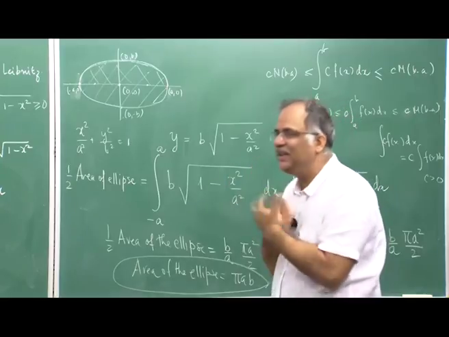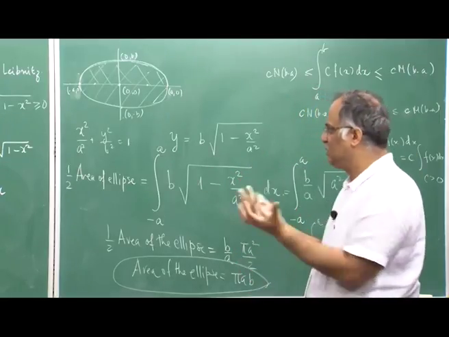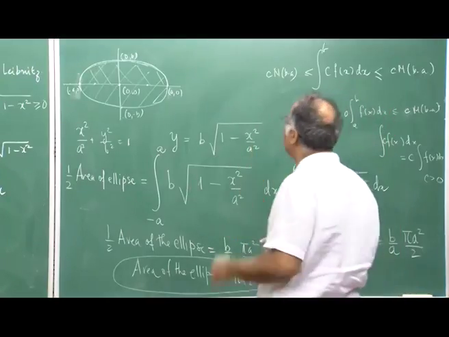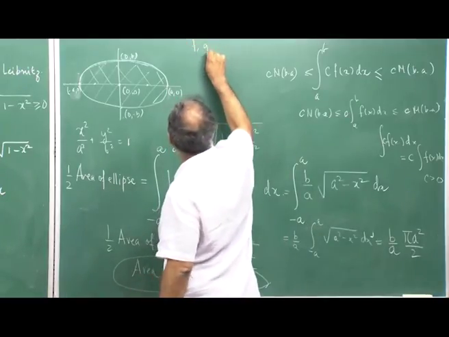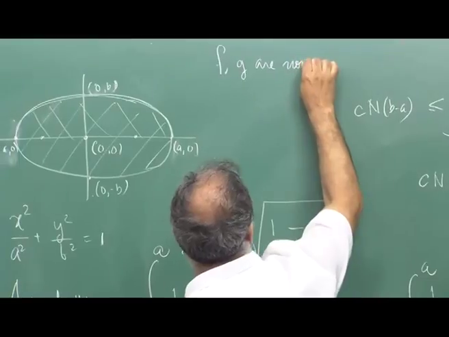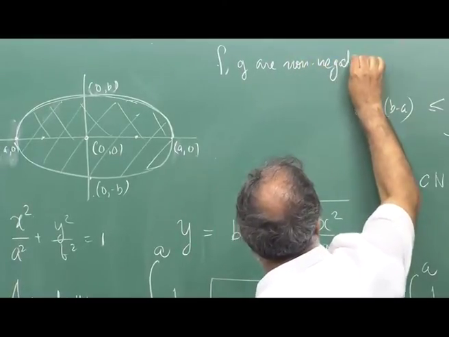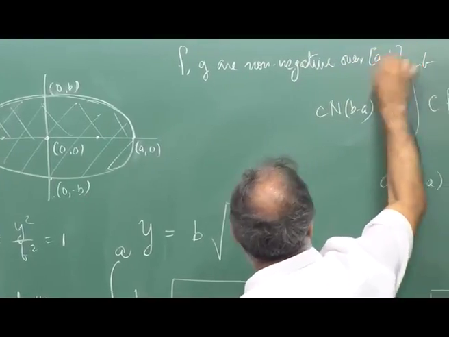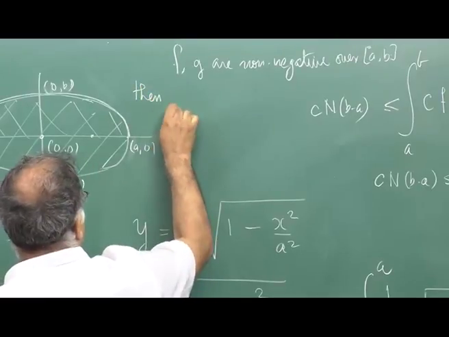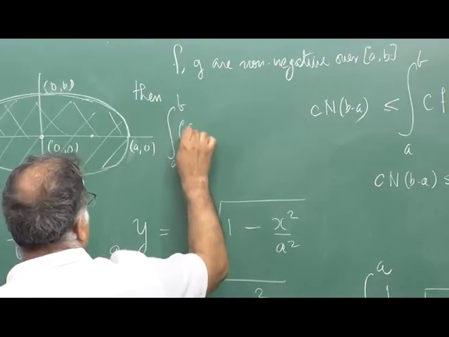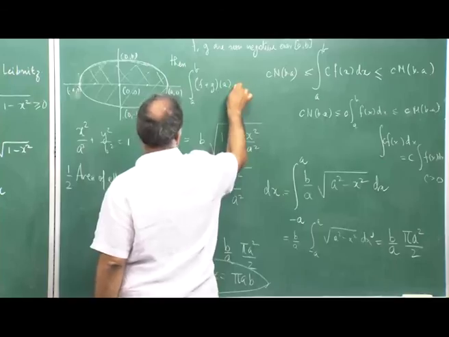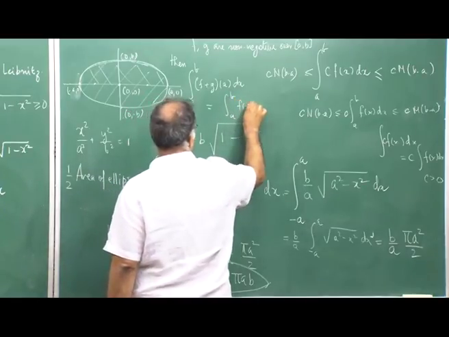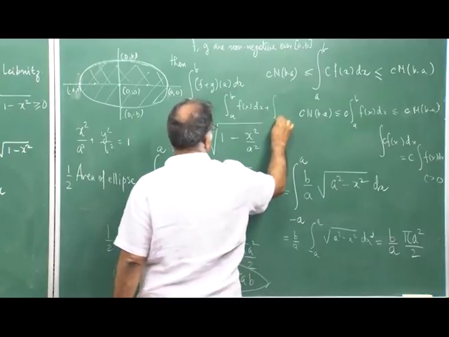There is something about area that the Greeks didn't know, but that we know about integrals, and that is the following: if f and g are non-negative functions over AB, then the integral from A to B of f plus g of x dx, that is fx plus gx, is the same as evaluating the two integrals separately and adding them.